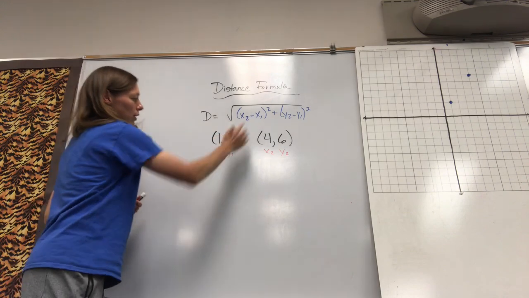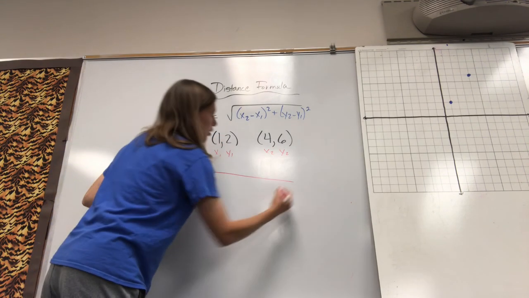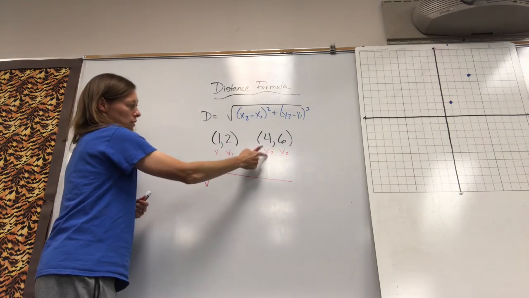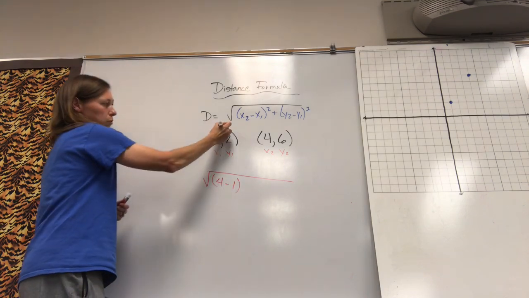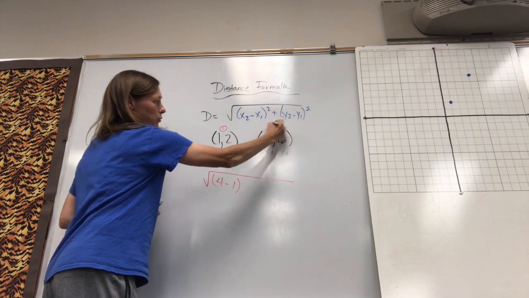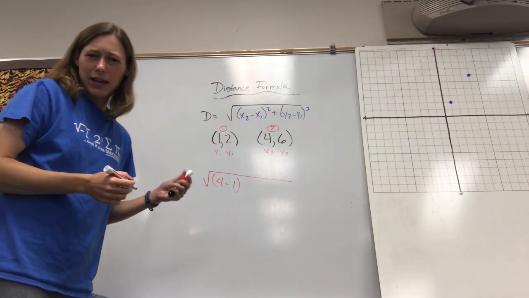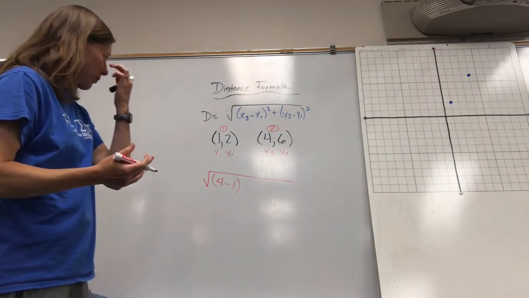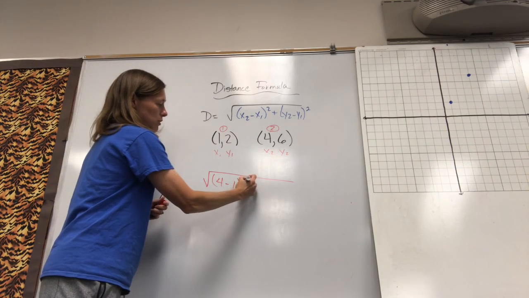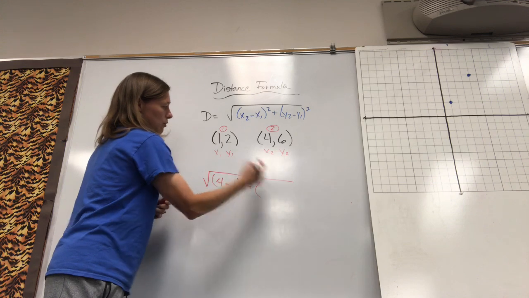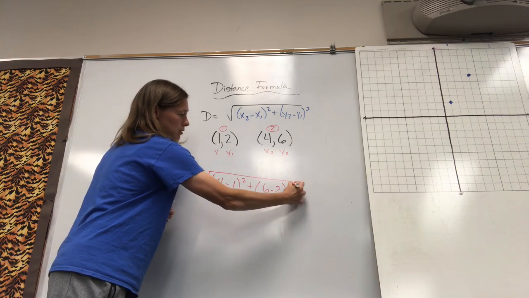Okay, so the square root of x2 minus x1, so 4 minus 1. And it doesn't matter which one you call point 1 and which one you call point 2. You'll get the same answer in the end. Okay, so x2 minus x1 squared plus y2 minus y1 squared.